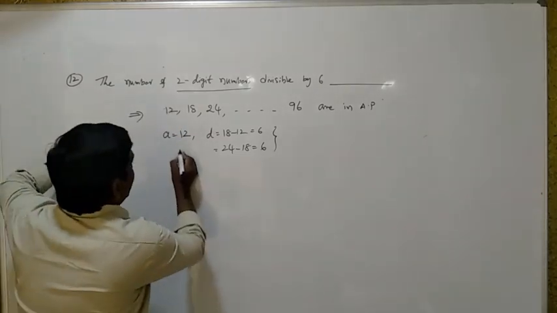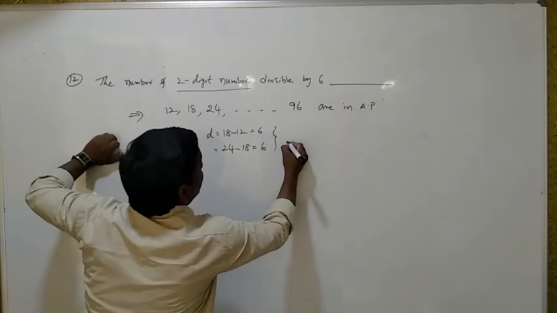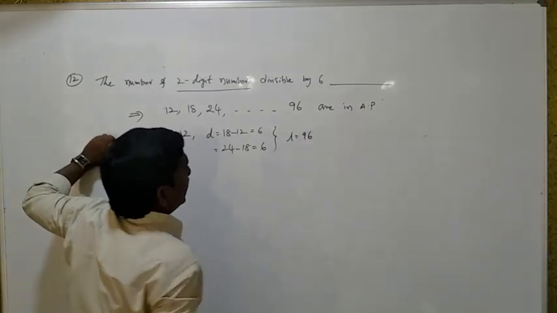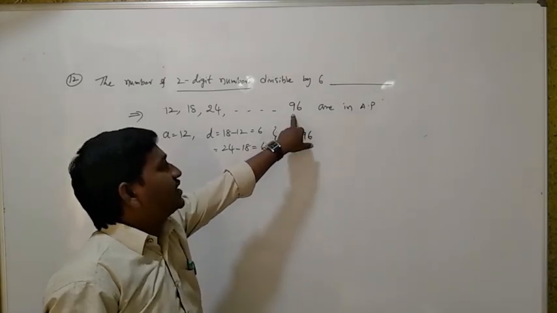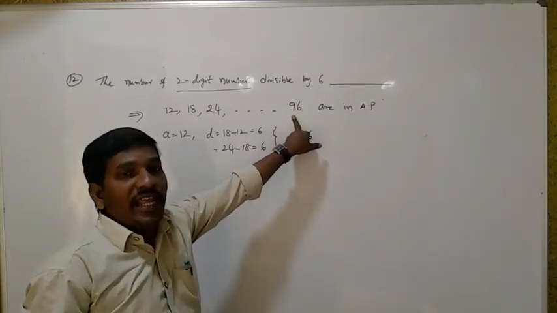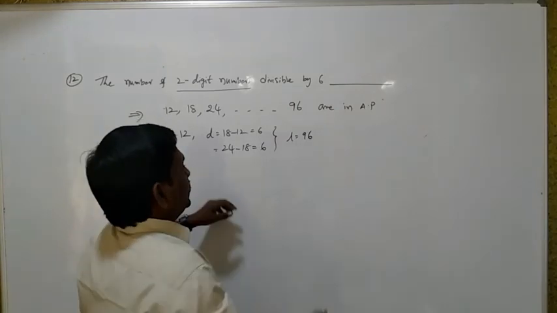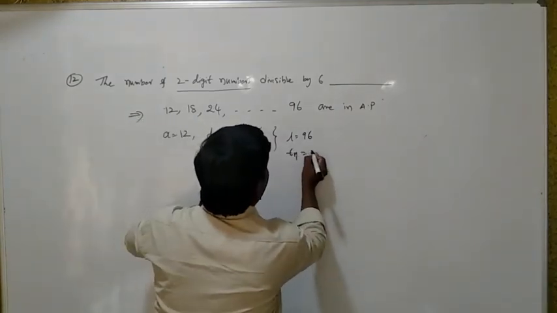Here a equal to 12 and l equal to 96. The last term is taken as an or Tn. So Tn equal to 96.